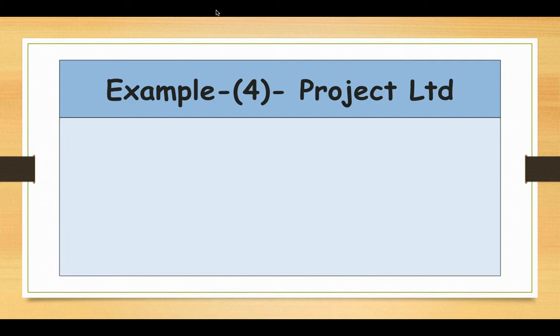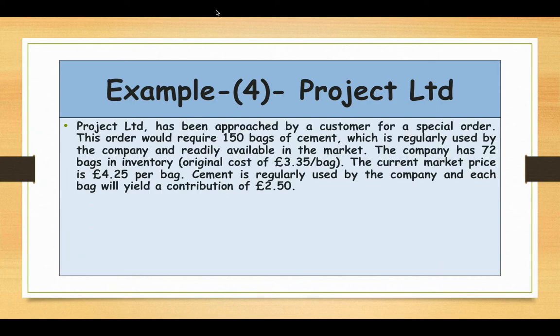We are going to look at example 4 of Project Limited. So we'll have a quick look at the question. Project Limited has been approached by a customer for a special order. The order would require 150 bags of cement, which is regularly used by the company and readily available in the market. So the company can buy any amount of cement bags because they are readily available in the market.